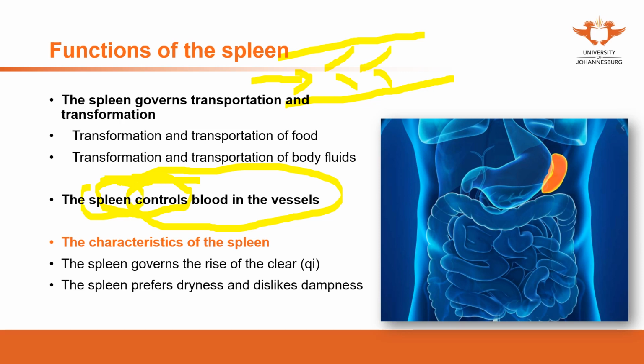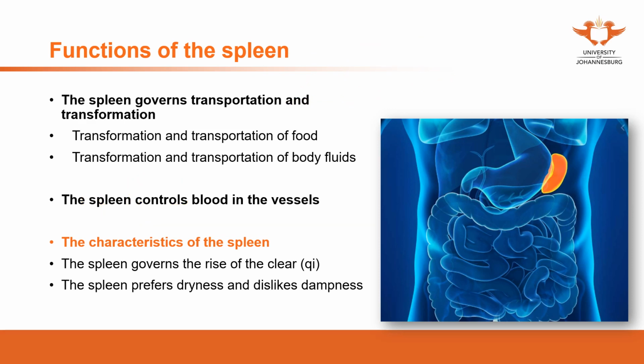So when we're talking about the spleen's function to control the blood in the vessel, this more specifically controls the blood in the lower part of the body within the vessel, including the blood in the urine, in the stool, or for females, excess bleeding during the period.